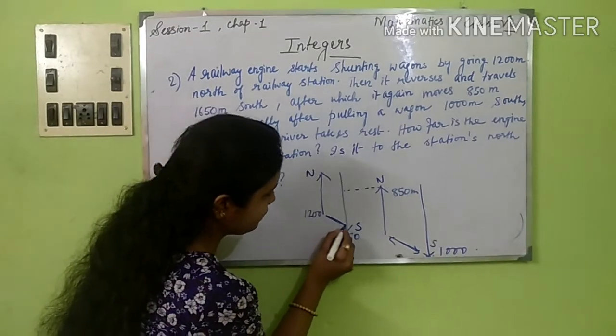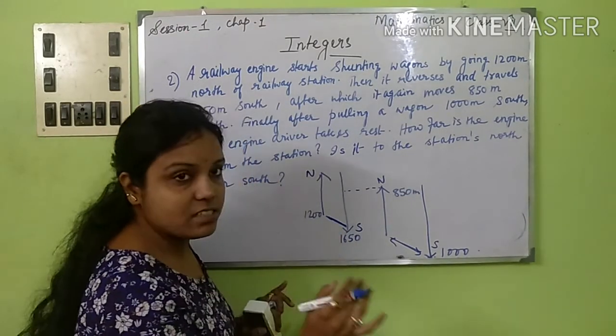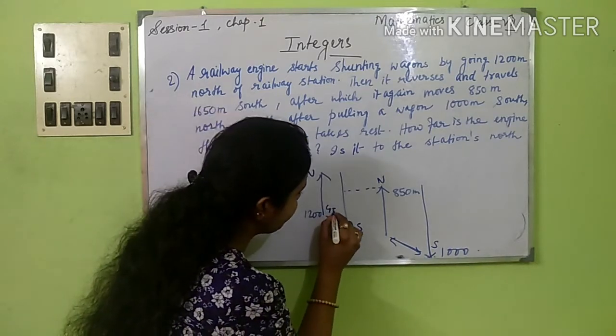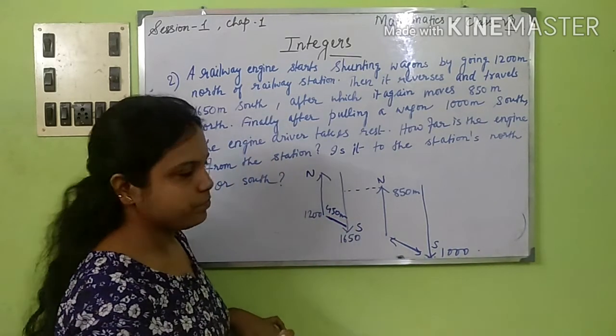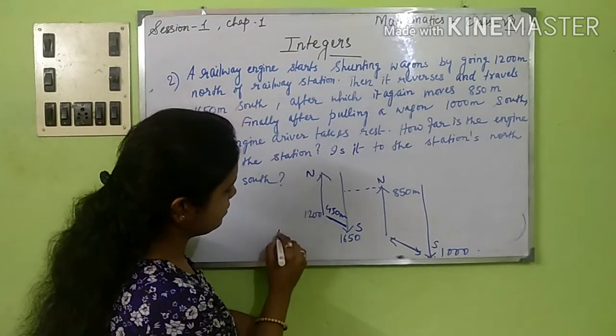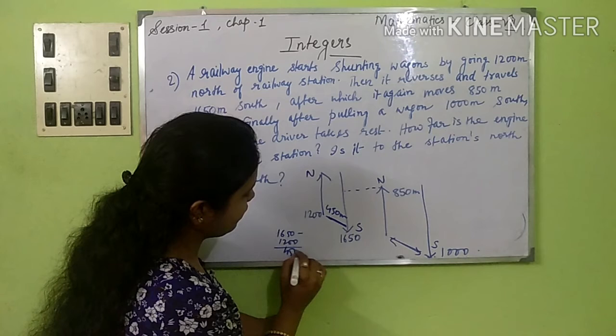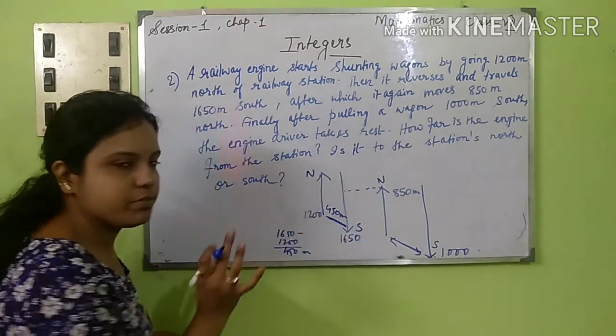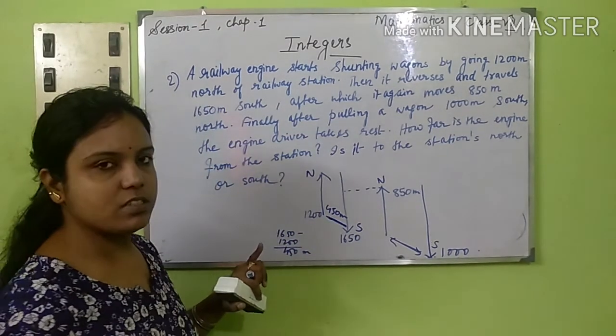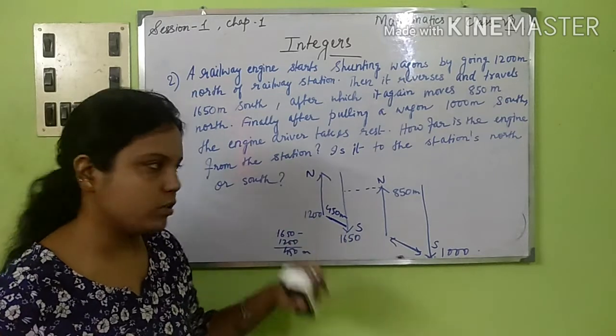So what is the difference in the distance that it is covering? This is 450 meter, right? 1650 minus 1200 gives you 450 meter. So this is the difference, the amount of distance that it has covered more towards the south.